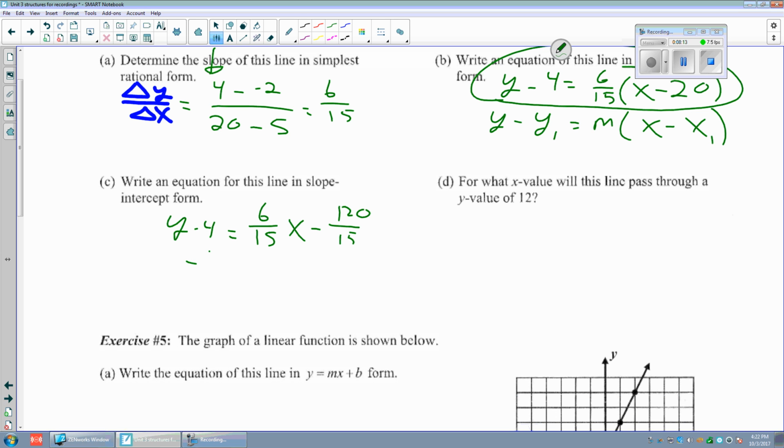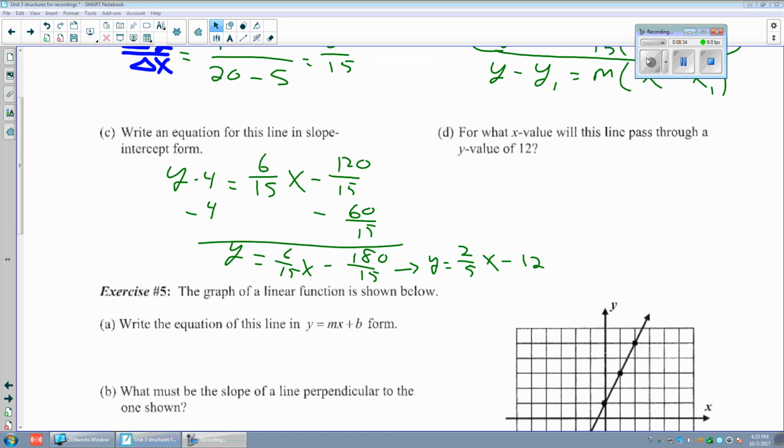I'm going to add 4, which is 60 over 15. Y equals 6 over 15 x minus 180 over 15. I just cleaned it up a little bit.